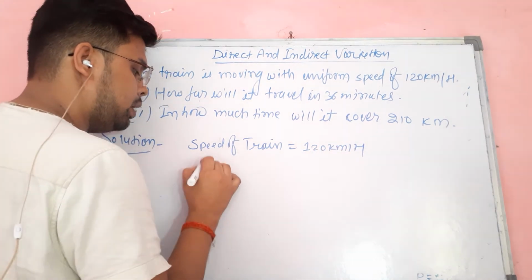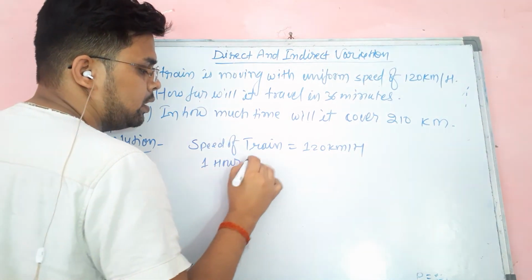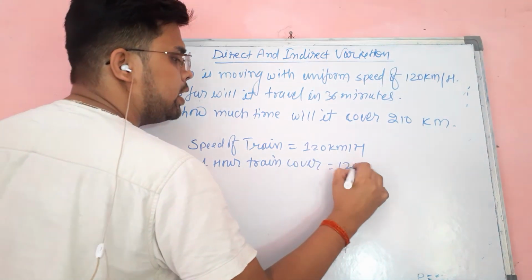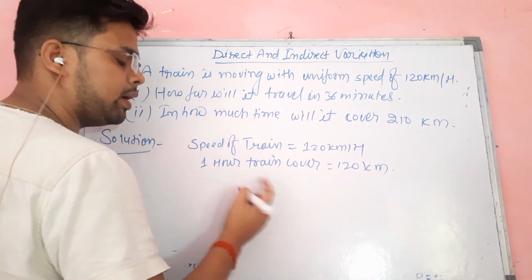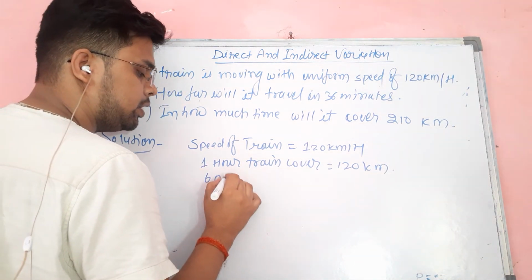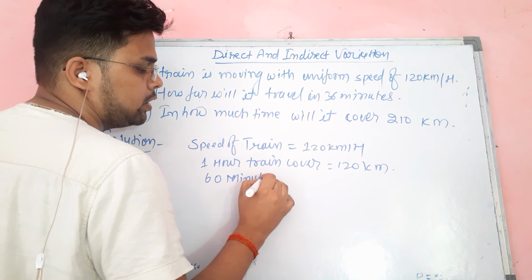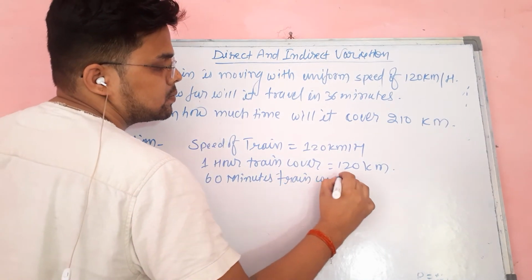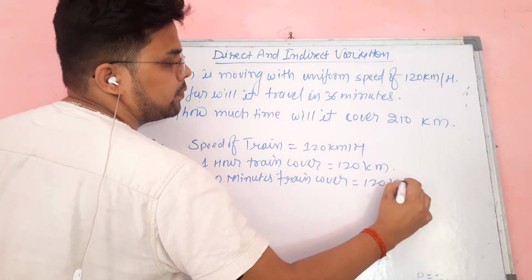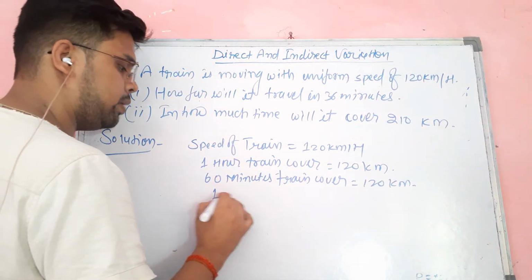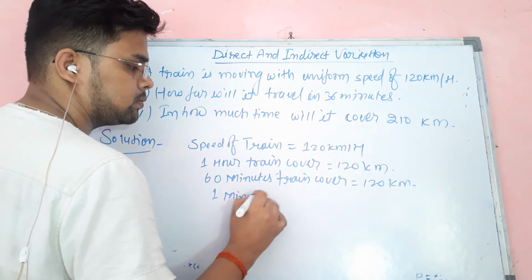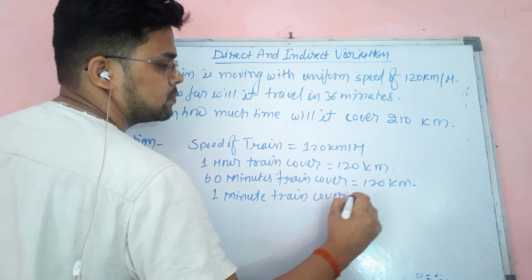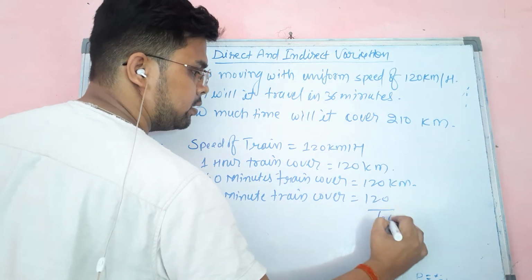It means in 1 hour the train covers 120 km, and we know that 1 hour is equal to 60 minutes. So in 60 minutes the train covers 120 km. So in 1 minute the train covers 120 upon 60 km.